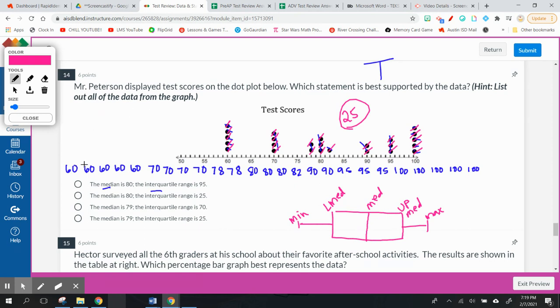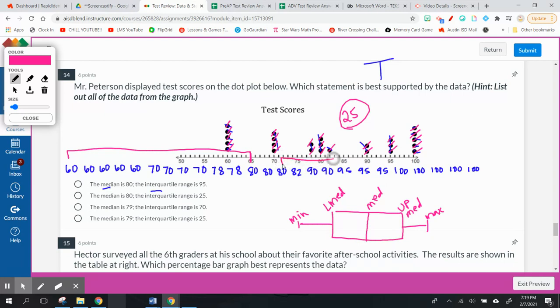So 1, 2, 3, 4, 5, 1, 2, 3, 4, 5, 6, 7, 8, 9, 10, 11, 12. All right, I'm going to mark it right here. 1, 2, 3, 4, 5, 6, 7, 8, 9, 10, 11, 12.